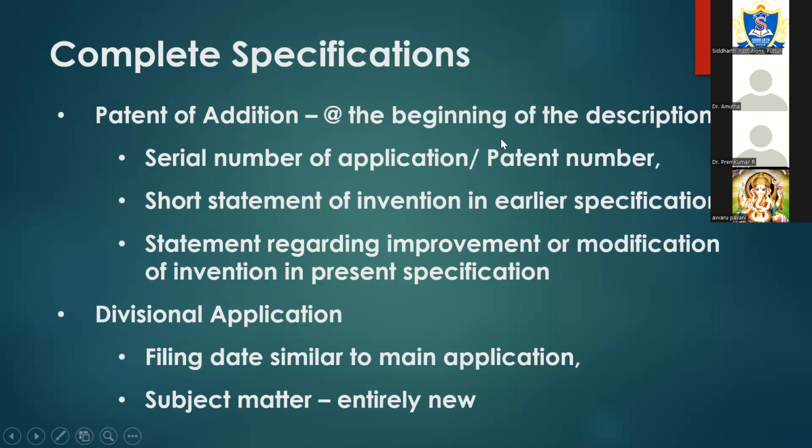And so I have told you about the patent of addition and divisional application. Okay, so provisional is a part of your invention. Okay, after filing the complete, you are also thinking that some more addition is there. Okay, so even in the case of a pen invention, for example, you have filed for the nib as well as for the ink, right?